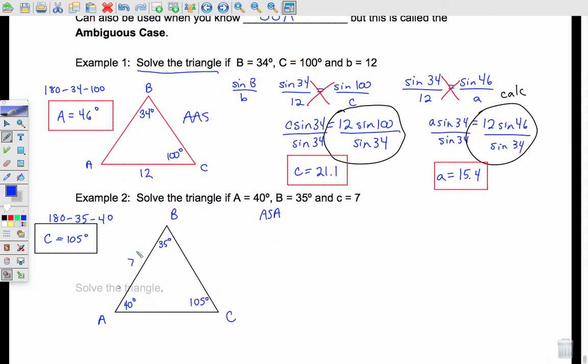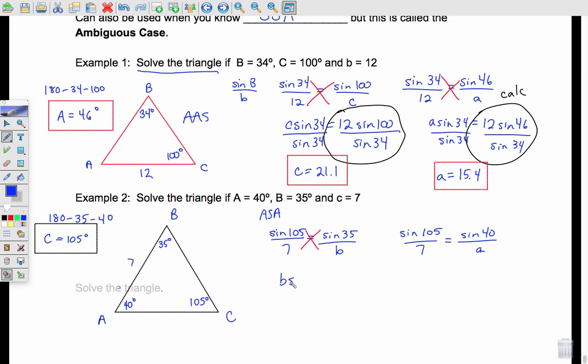And we know information about angle C and side C. So both proportions are going to start with the sine of angle C over side C equals the sine of angle B over B. And then the sine of angle C over side C equals the sine of A over A.